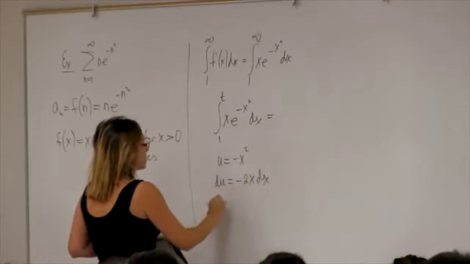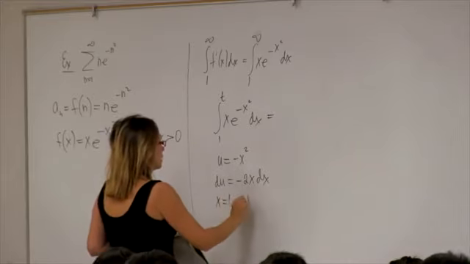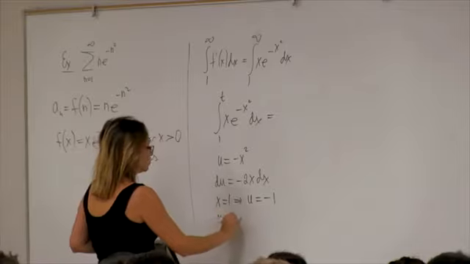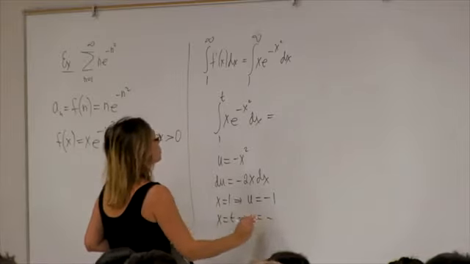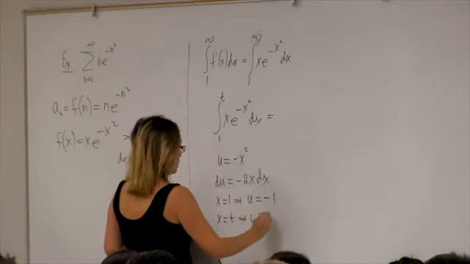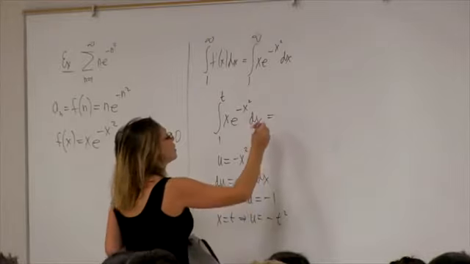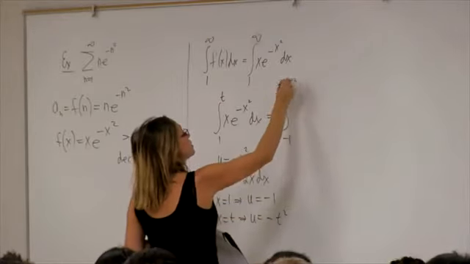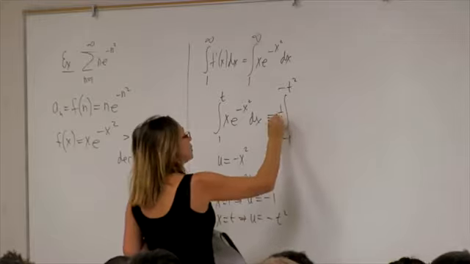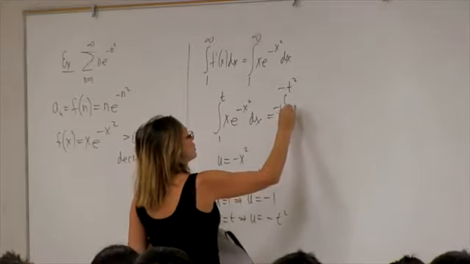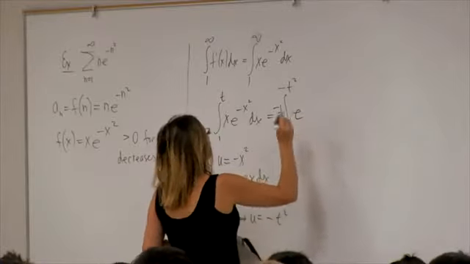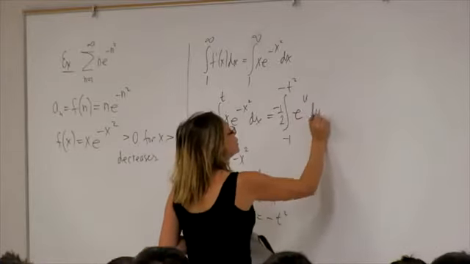And when x is equal to 1, u is equal to minus 1, and when x equals t, u is minus t squared. So we get 1/2 times the integral of e to the u du.